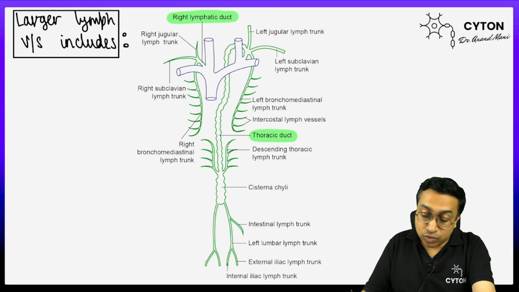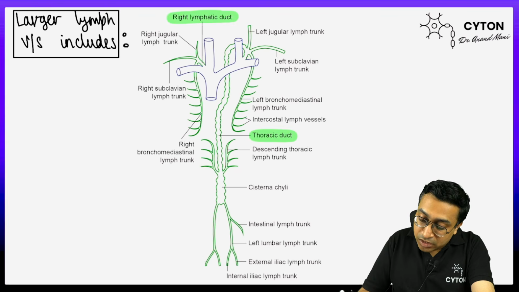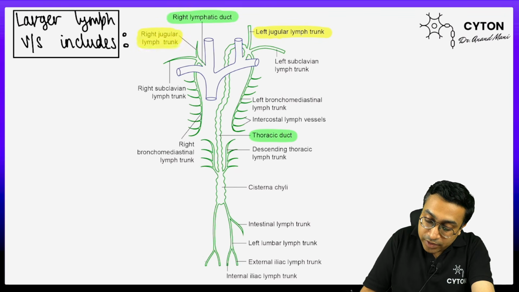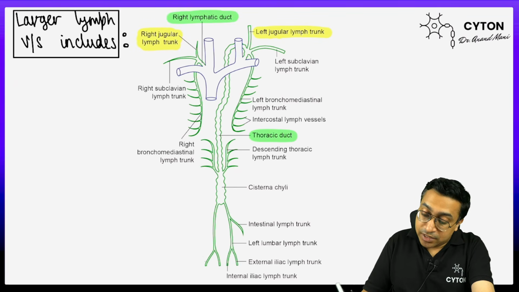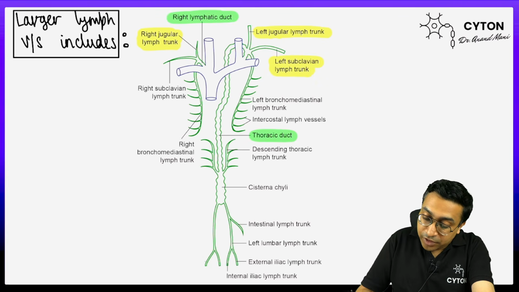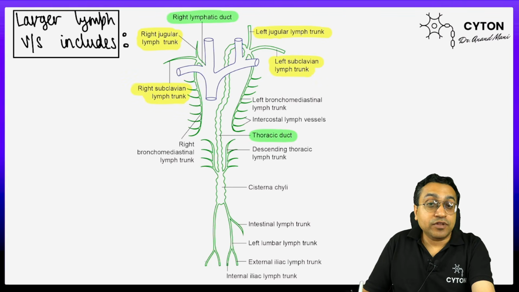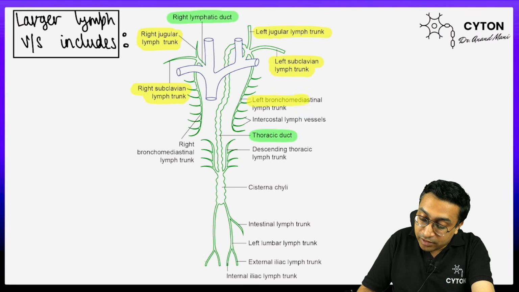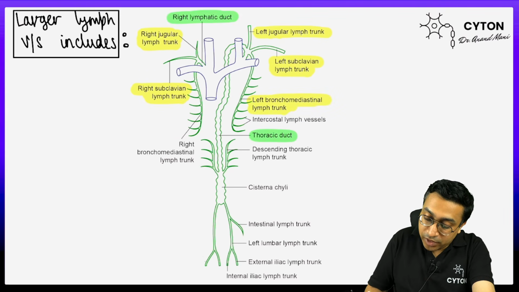Then you have the jugular lymph trunks, left and right. Then we have the subclavian lymph trunks, right and left. Then the bronchomediastinal lymph trunks, right and left.